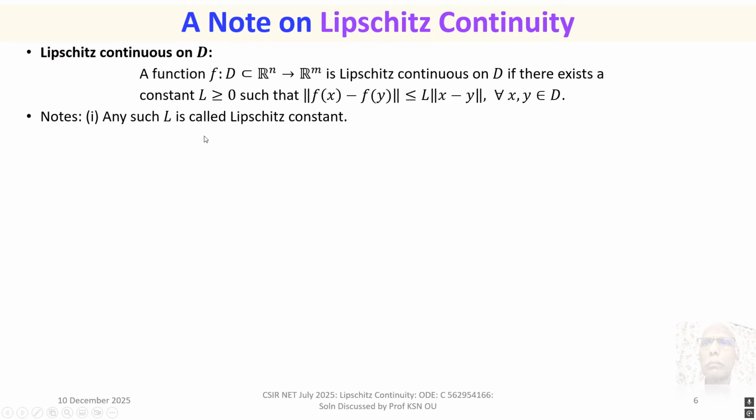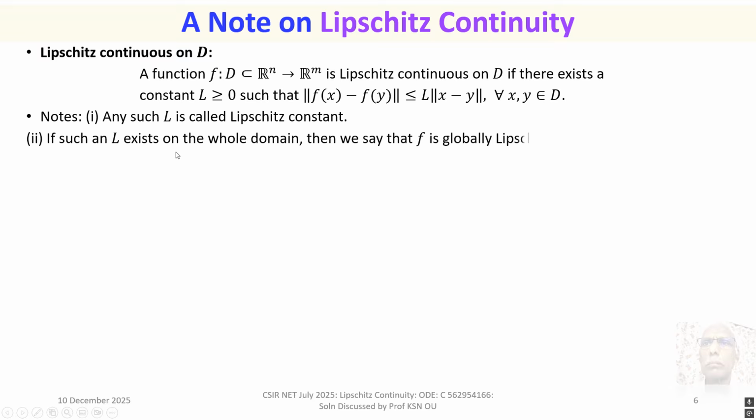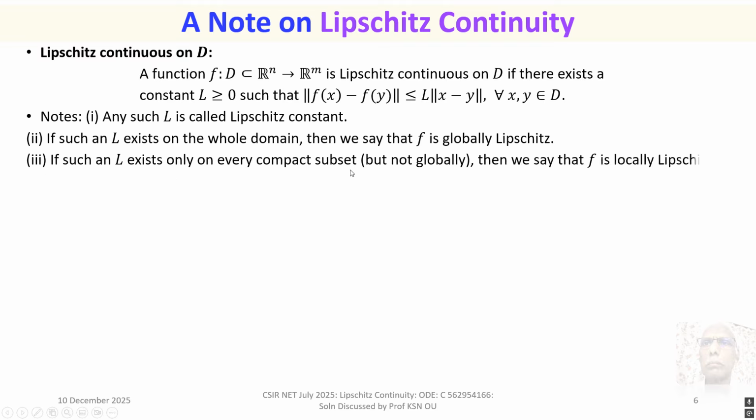Any such L is called a Lipschitz constant. If such an L exists on the whole of the domain D, then we say f is a globally Lipschitz function. If such an L exists only on every compact subset but not globally, then we say that f is locally Lipschitz.